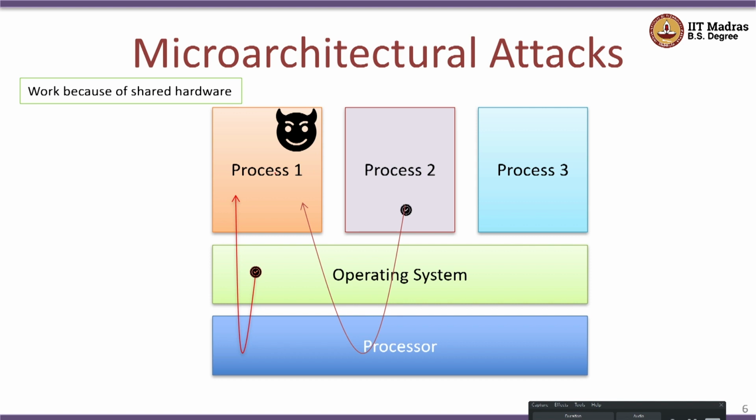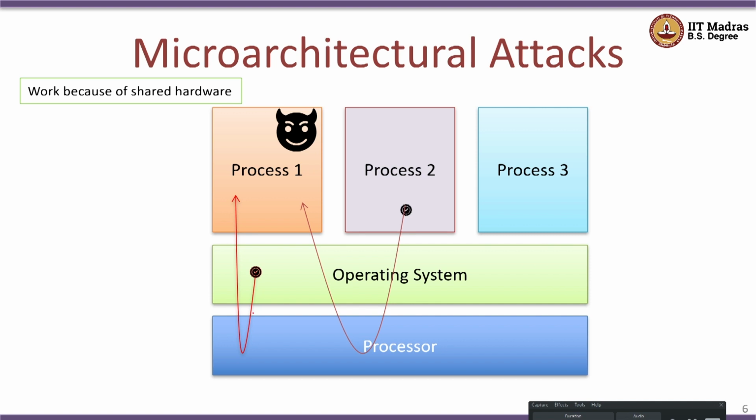Now, fundamentally these attacks work because of the shared hardware. The presence of shared hardware, like for instance a shared cache memory in the processor, could lead to a channel through which information can leak from, say, a higher privileged software like the operating system to a lower privileged software like a user process. Right. So, here is an example of one such channel.